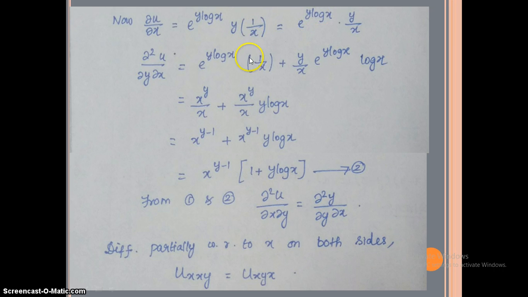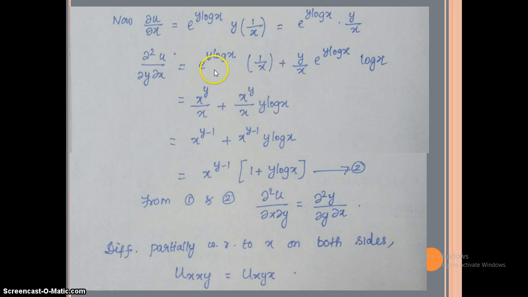So e power y log x, with respect to y means y is 1, then differentiation of log x is 1 by x, plus I can fix y by x as it is, then differentiation of e power y log x is again e power y log x, with respect to y means, so differentiation of y is 1, so we get log x here.